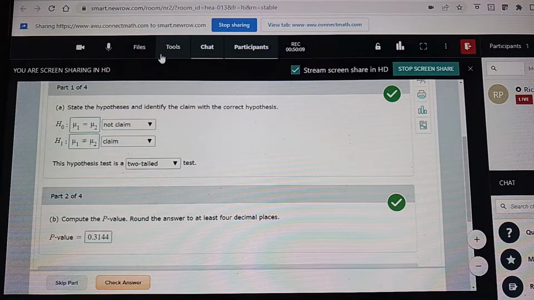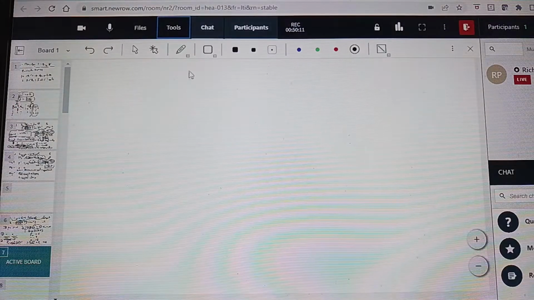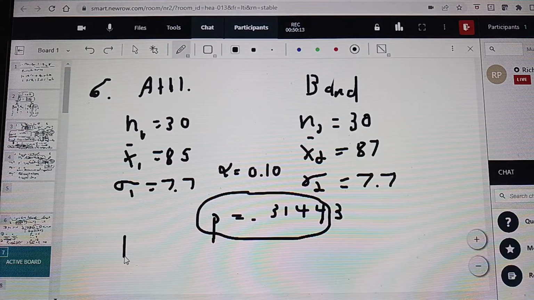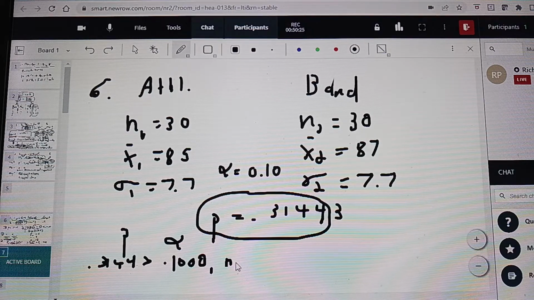So now the rest should be easy. Compare the p to alpha. .3144 compared to 0.10, which is 0.1000. That's greater. So we do not reject the null because the p-value is not less.